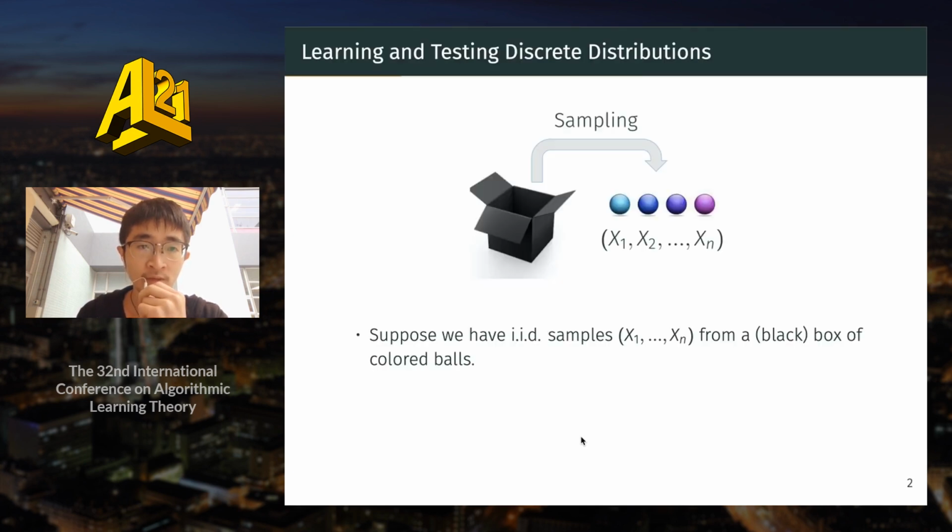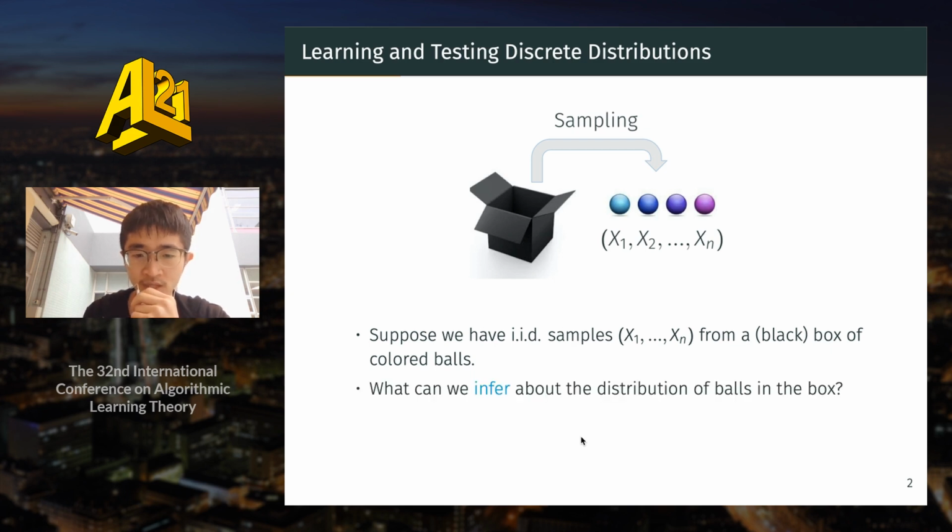In learning theory, there is a fundamental question of how many samples do we need to learn and test discrete distributions. For example, if we have a black box of colored balls, and we draw some IID samples from this black box, x1 up to xn denoting the colors of these n balls, what can we infer?